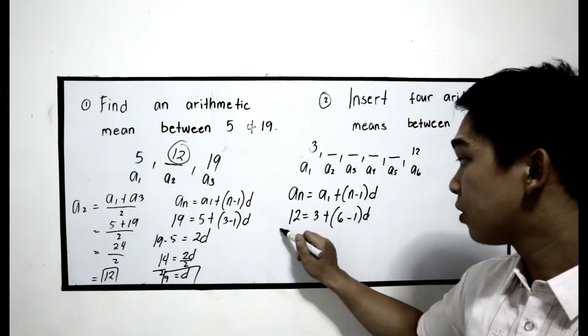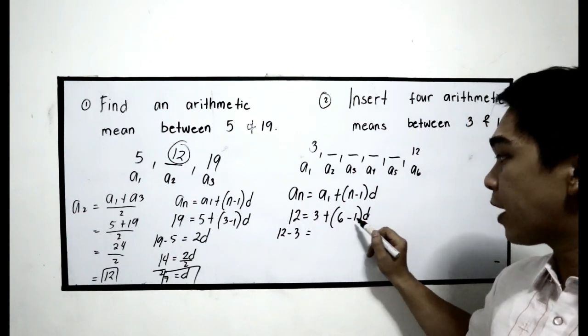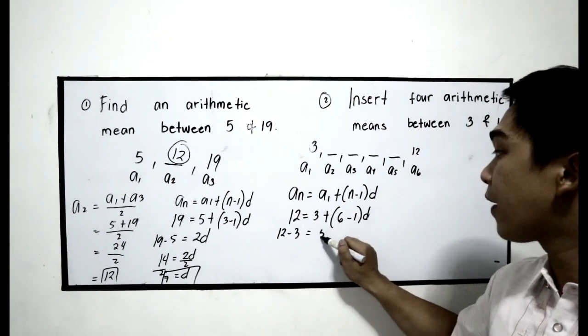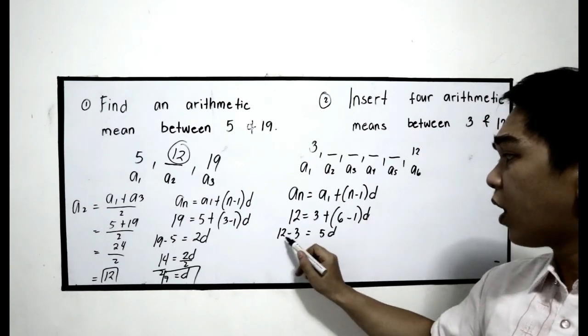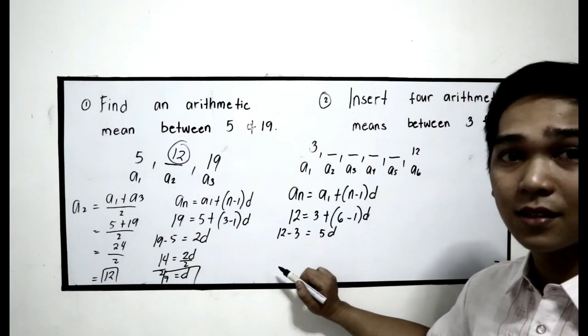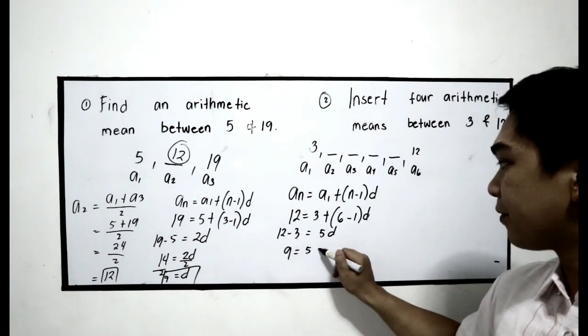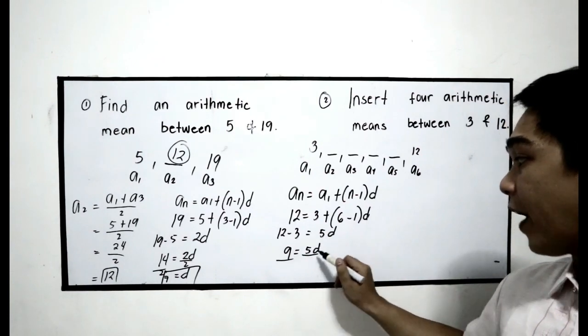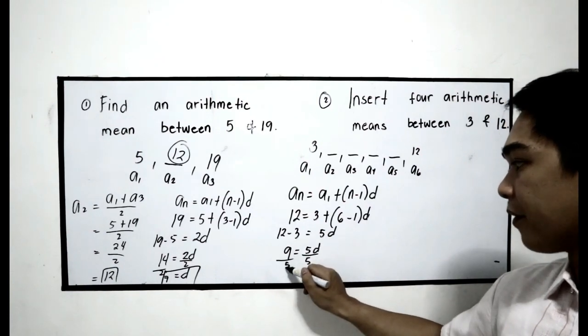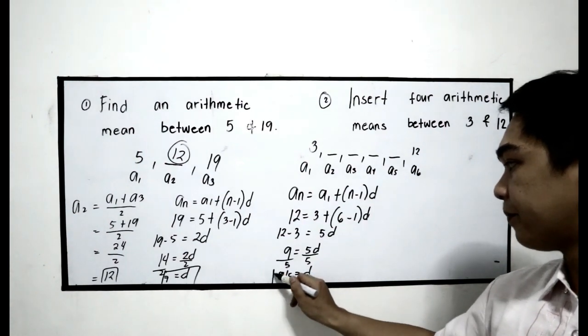Transpose: 12 minus 3 is equal to 6 minus 1, that is 5d. 12 minus 3, that is 9, is equal to 5d. To find d, divide by 5. d is 9 over 5.